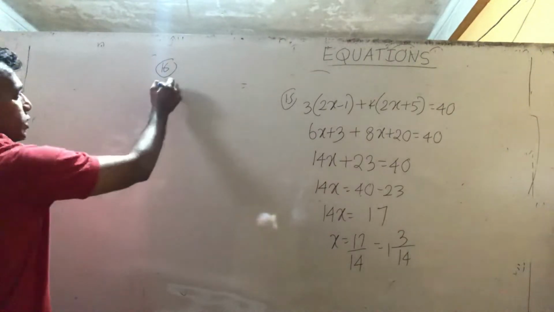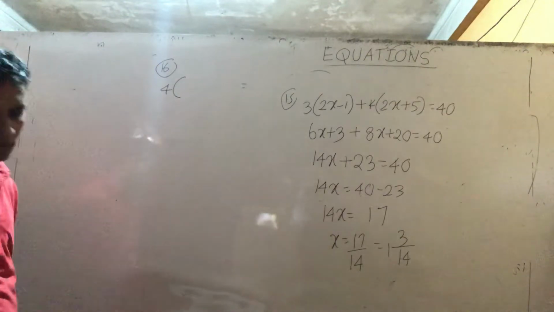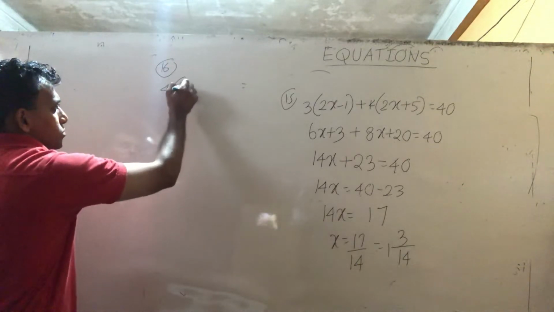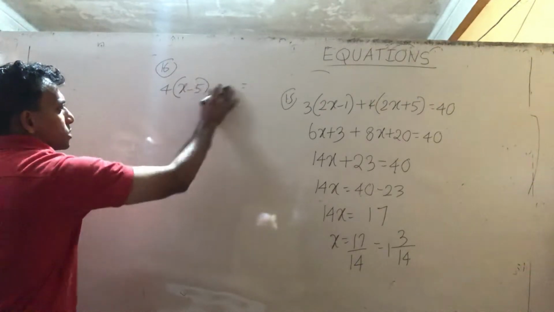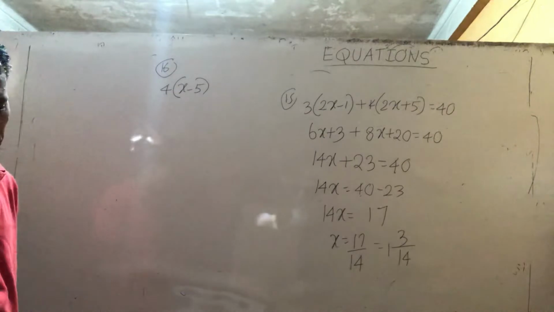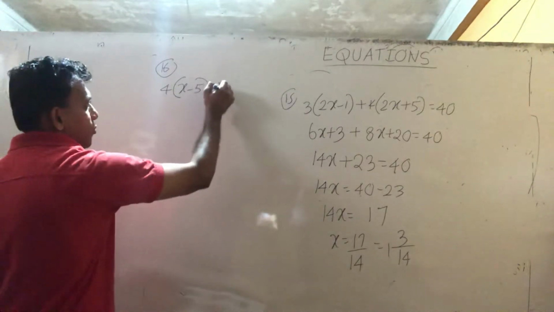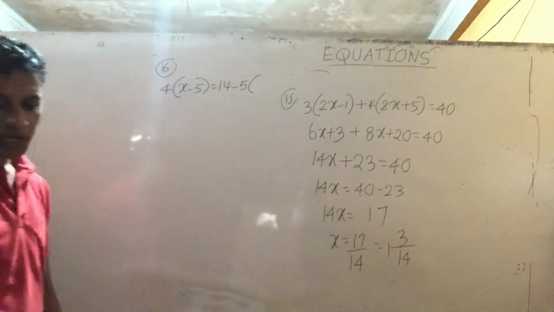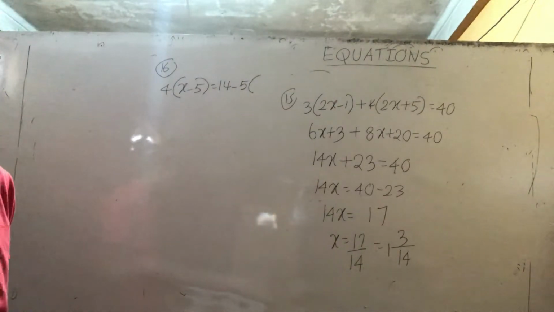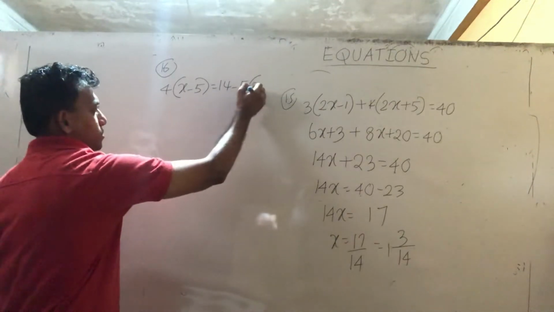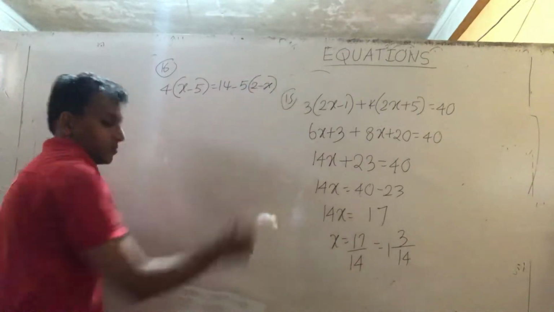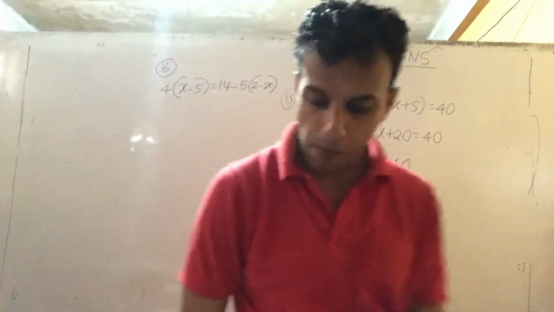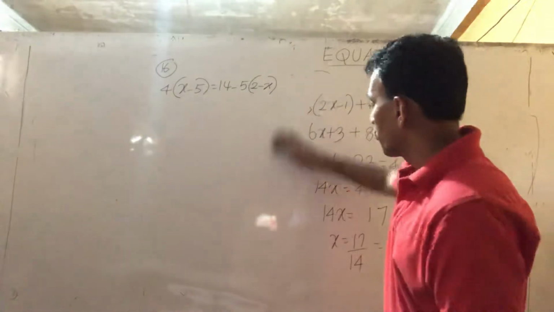Next one, 4 into, take x minus 5 equal 14 minus 5 into 2 minus x. An important question. Solve, find the x value.